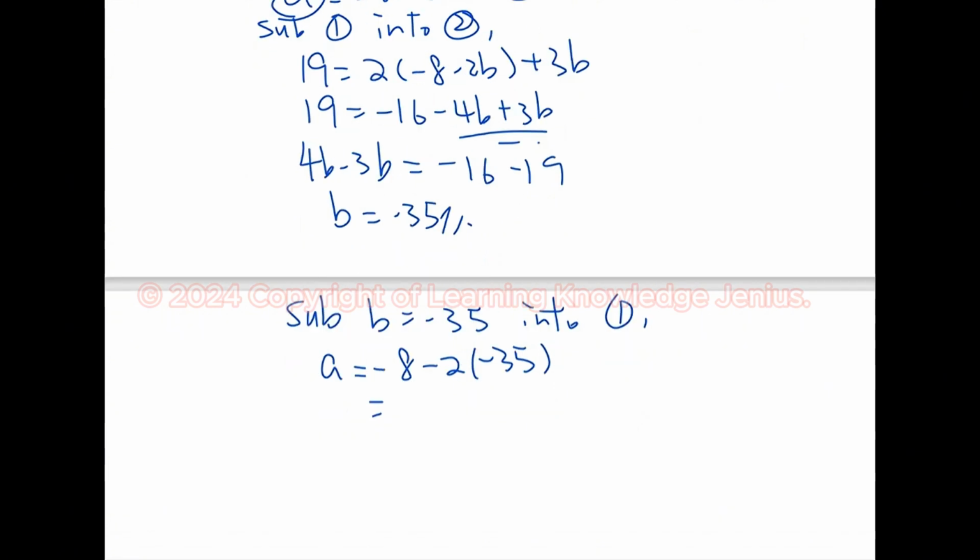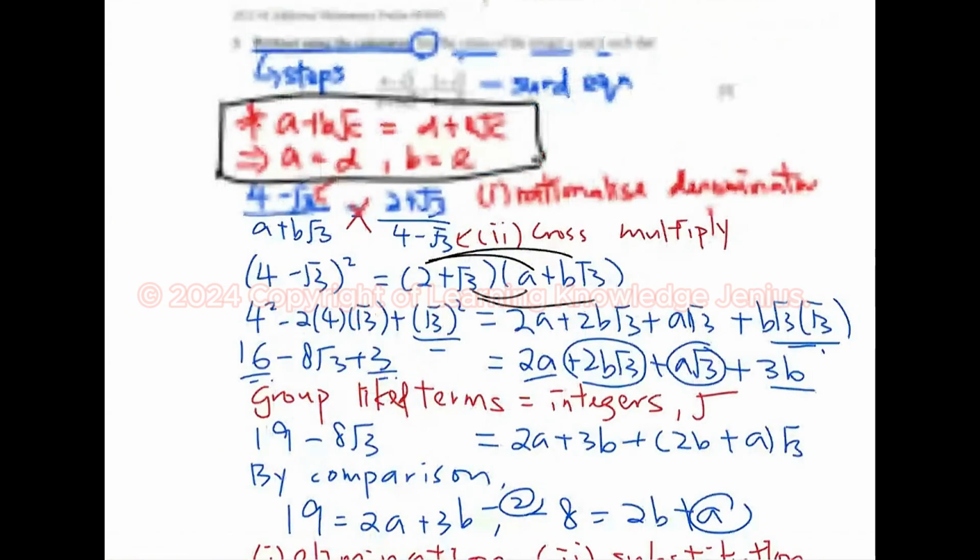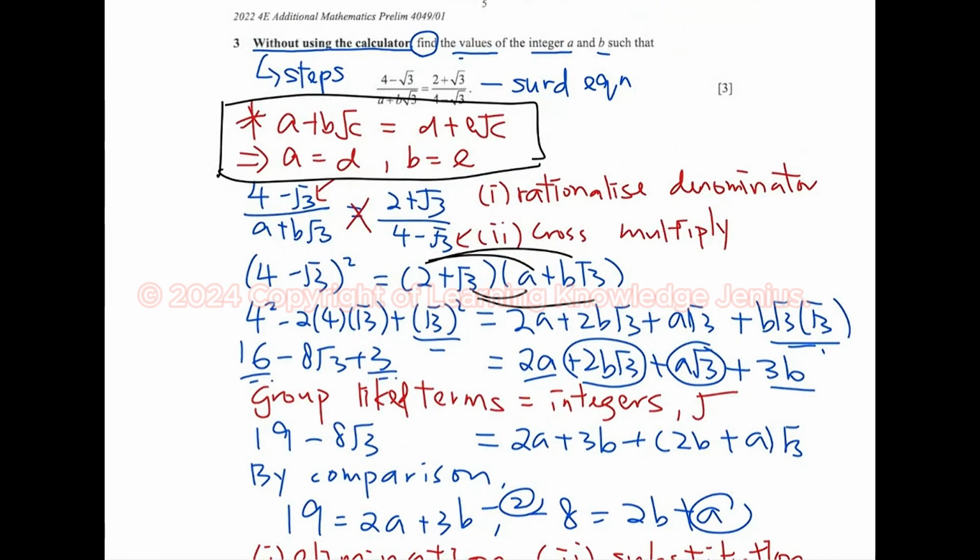Then simplify, so a is equal to negative 62. Okay, now I get the values of a and b, and they are both integers. This tallies with the requirement of the question, integer. By doing this method, I will be able to get the 3 marks.